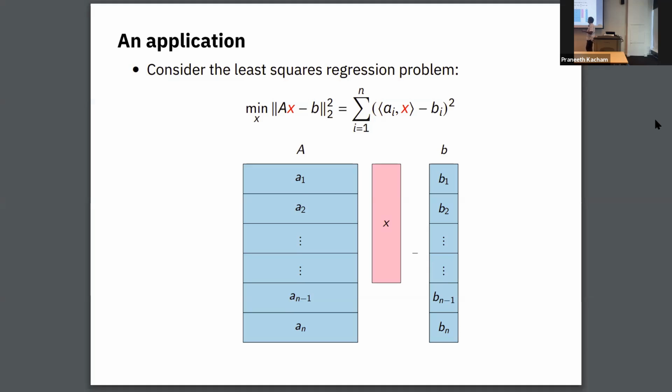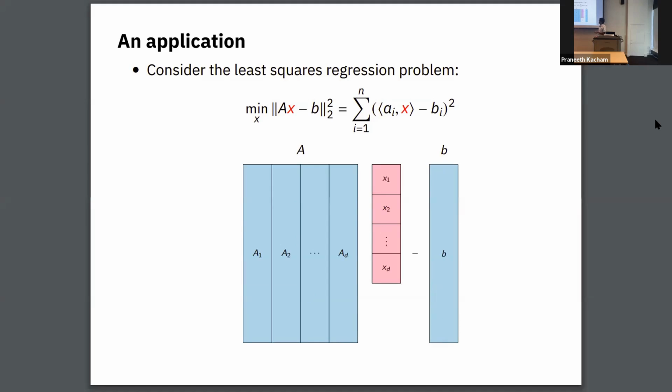In matrix terms, calling this matrix A and this vector x, you want to minimize the Euclidean norm of Ax minus b over all x. Another way of looking at the problem is that you are given this matrix A with d columns, and you want to find one value for each of the columns such that the squared Euclidean norm of Ax minus b is minimized.